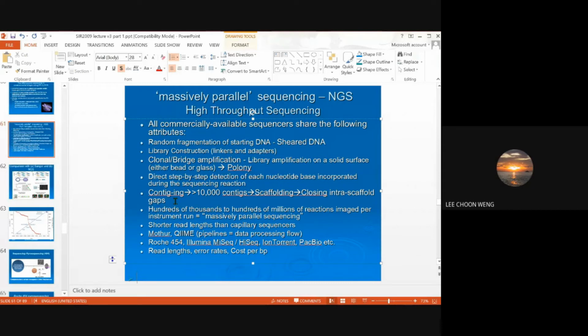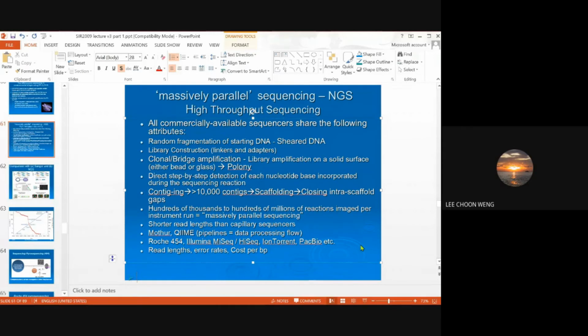You have to lay them where the sequences overlap, so that you can start building the genome of the organism. So you get hundreds of thousands to hundreds of millions of reaction images per instrument run. That's why it's called massively parallel sequencing. The sequencing occurs in a parallel fashion together.